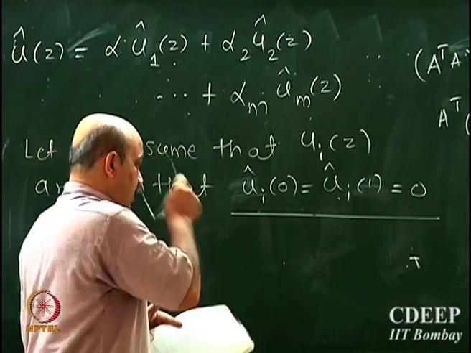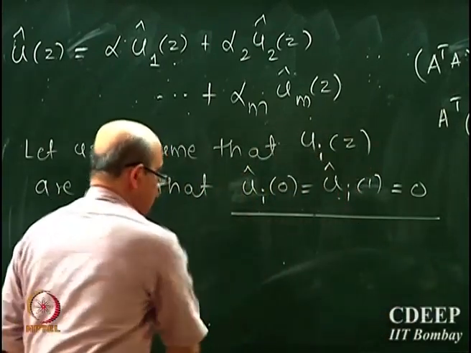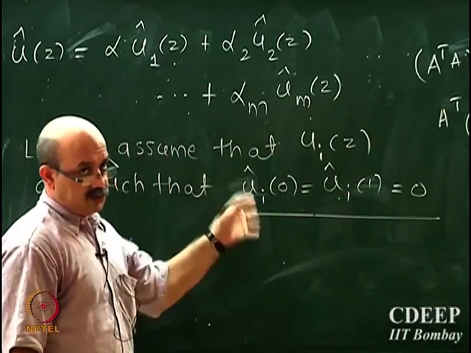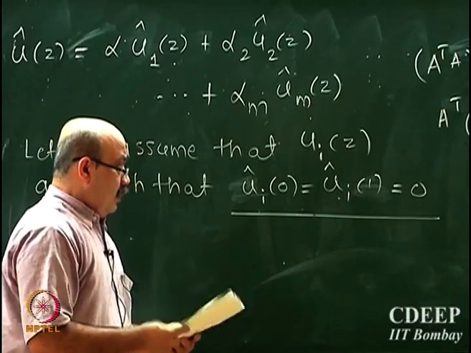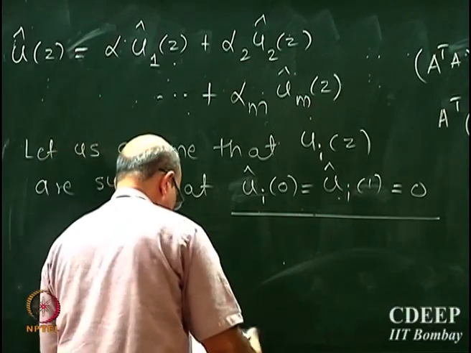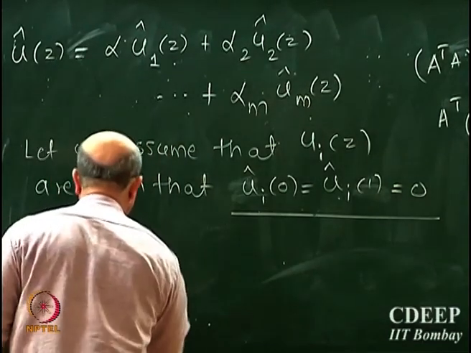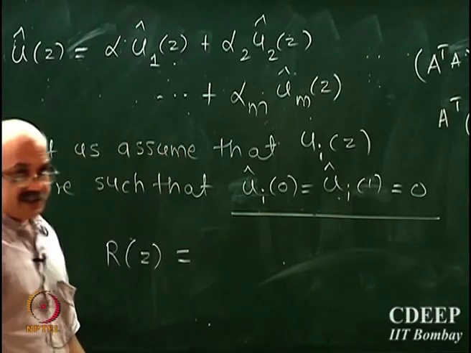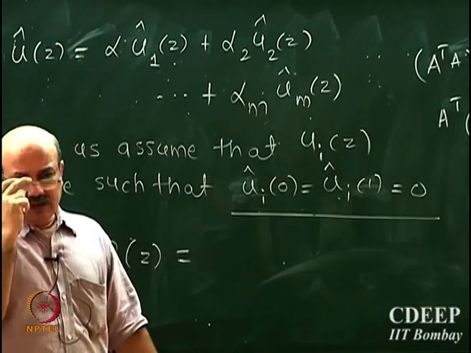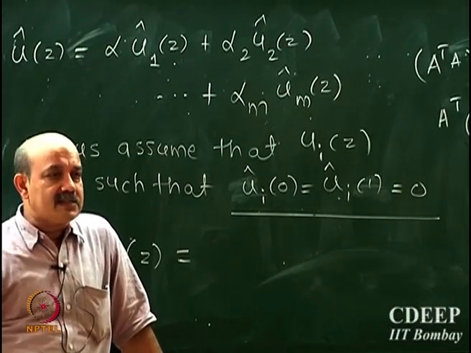So you have to choose these functions in this particular case carefully. Now what I am going to do is define this residual. The terms used are a little different, but the meaning is the same.